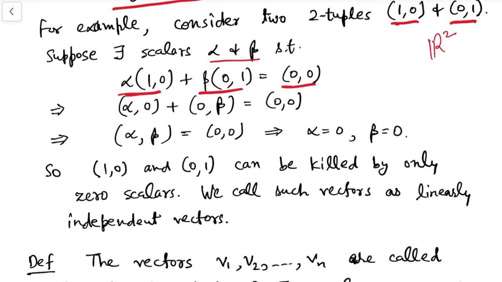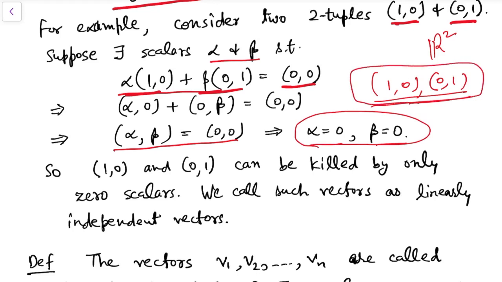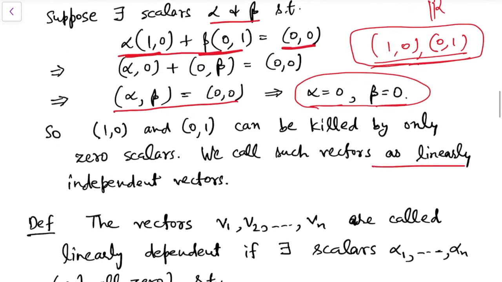Now if we simplify this left hand side, we get that alpha beta is equal to 0 0. So that means alpha is 0 and beta is 0. So these two vectors 1 0 and 0 1 are killed by alpha and beta only if alpha and beta both are 0. So these vectors cannot be killed by non-zero scalars. Such vectors are called linearly independent vectors.